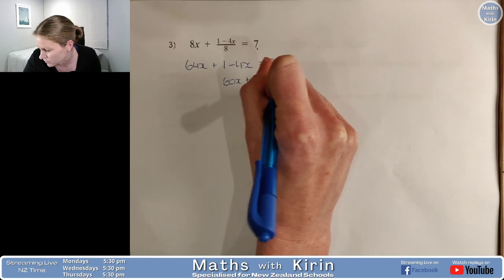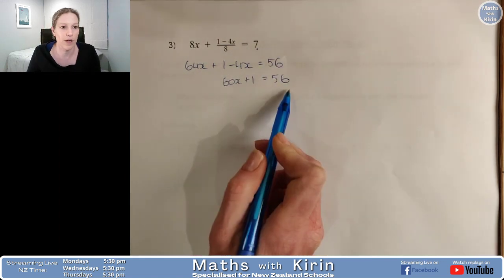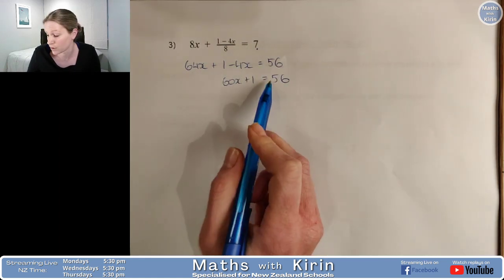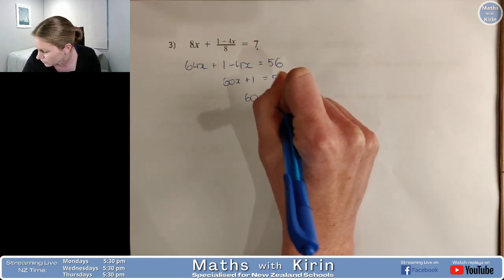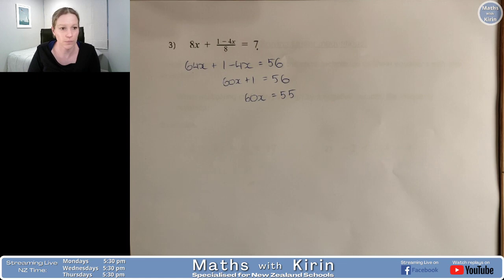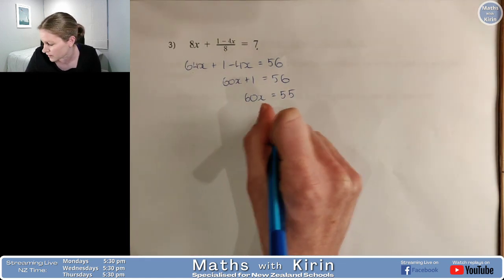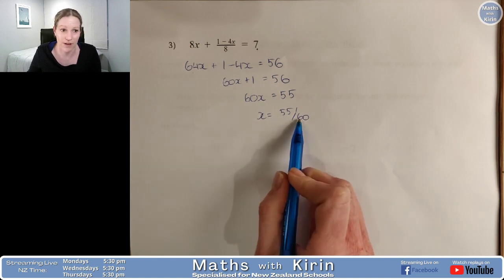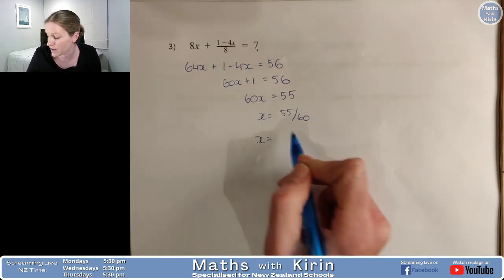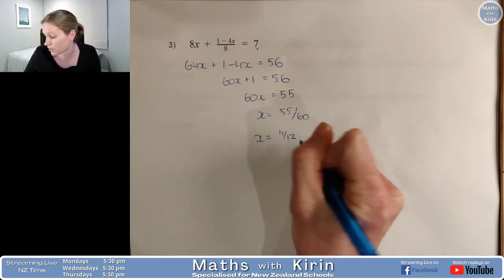Plus 1 is equal to 56. Moving our 1 across to the other side, we want to subtract it. So 60x is equal to 55. Okay, so x is equal to 55 over 60. Now they both have a common factor of 5, so we can simplify that to 11 over 12.